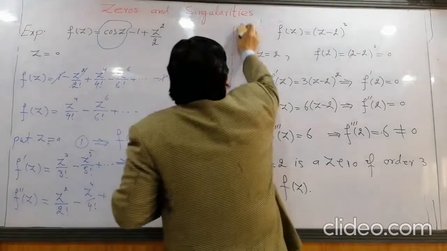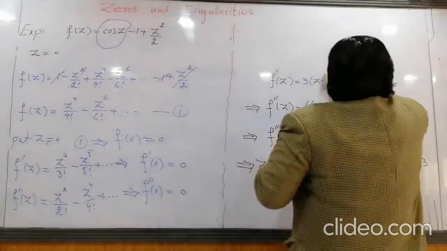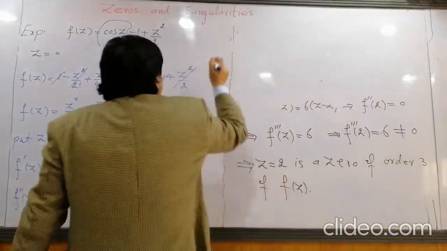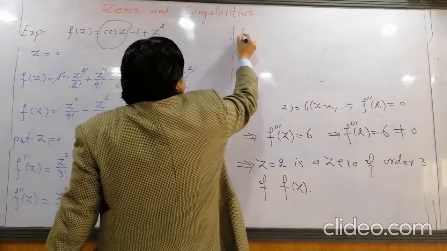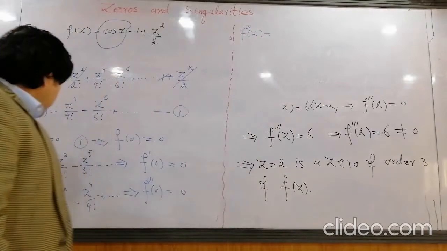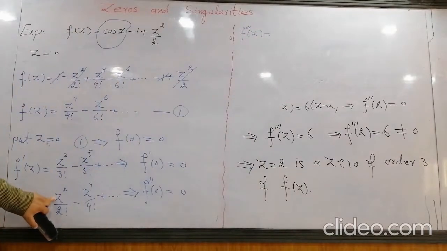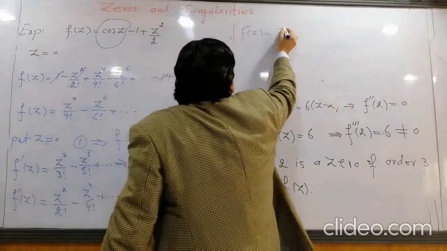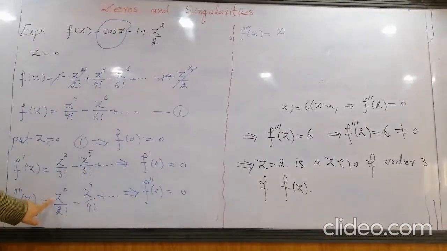Now I have to differentiate it again. So if I differentiate it, I will get f triple dash of z is equal to, here I will get only z. This is actually 2z divided by 2 factorial, but they will be cancelled, so we will get only z.